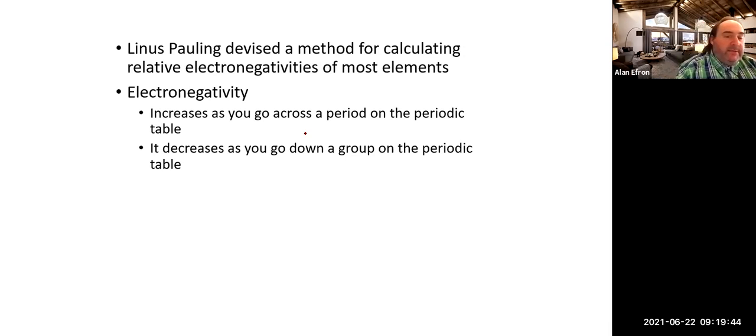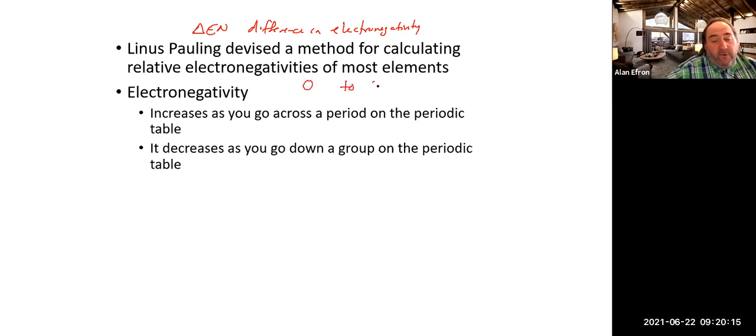We can use what is sometimes referred to as the difference in electronegativity to help us determine whether we're dealing with a polar bond, non-polar bond, or ionic bond. He assigned values of 0 to 4 in terms of electronegativity.